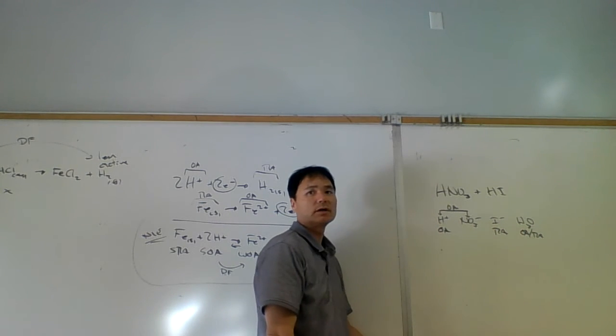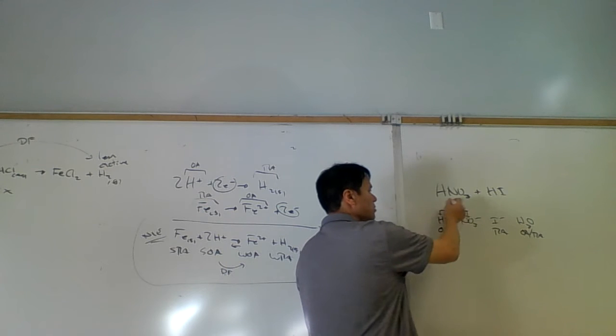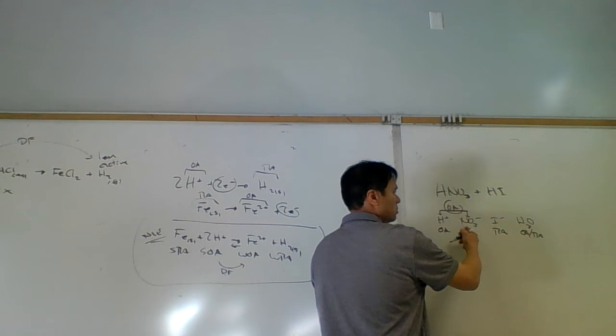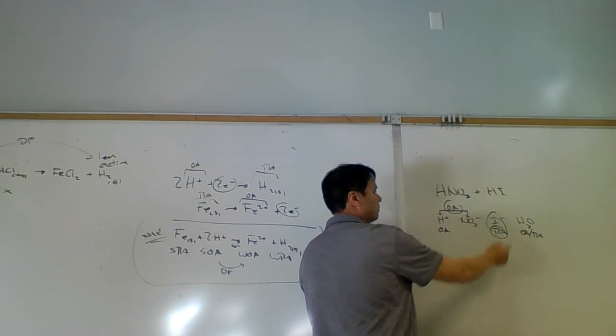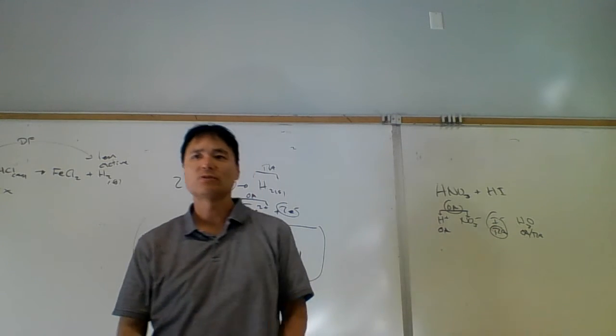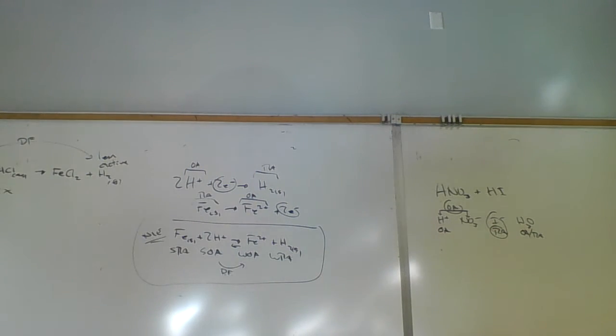Then we pick the strongest OA, which is nitrate, and the strongest RA, which is iodide. And then a reaction occurs, even though it looks like no reaction occurs.